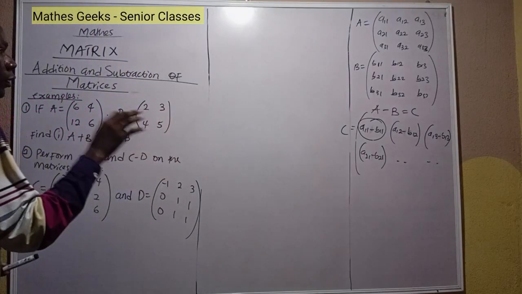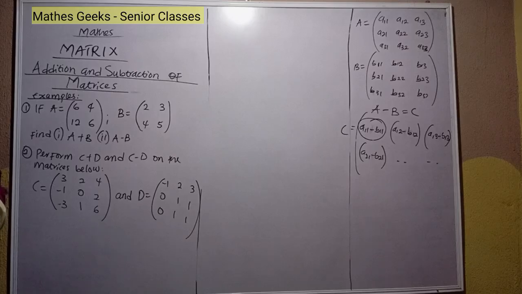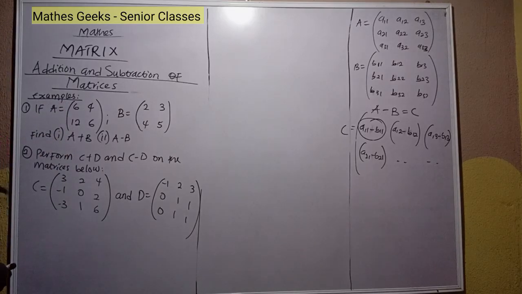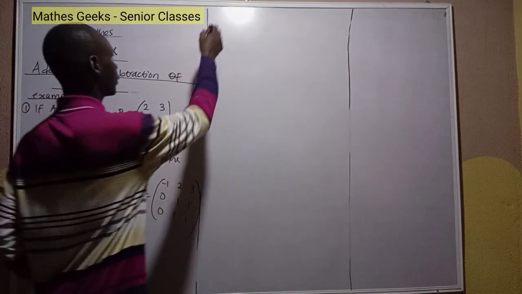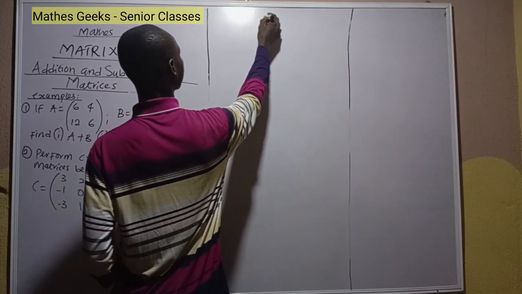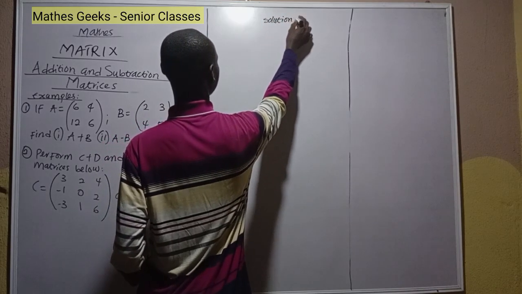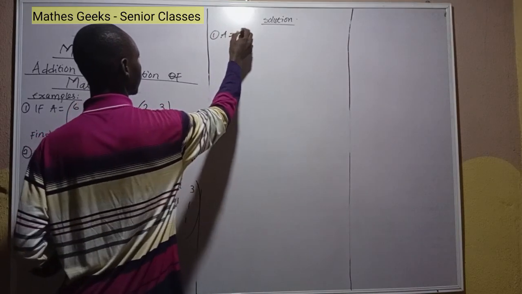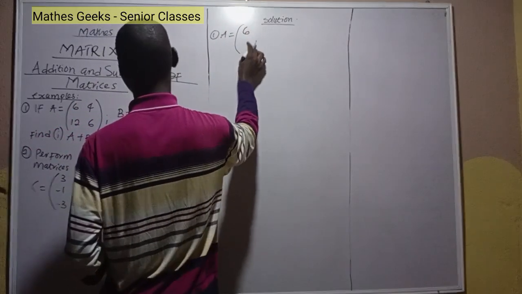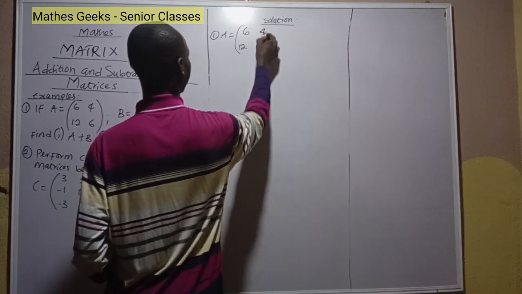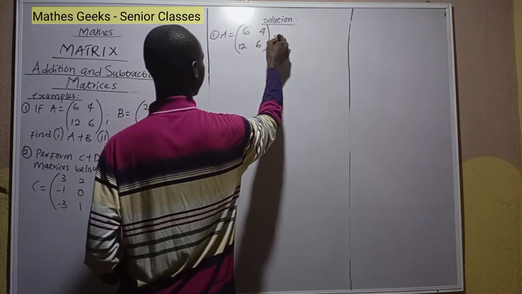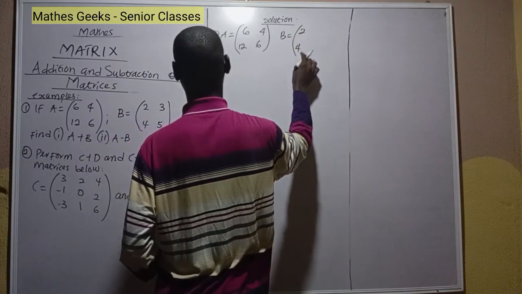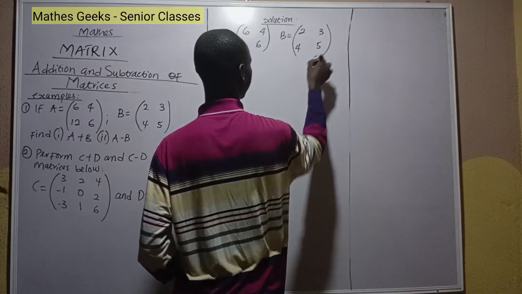Okay, so with that explained, let's now carry out the addition operation on the examples that are given to us. Number 1: find A plus B, where matrix A equals 6, 4, 12, 6 and matrix B equals 2, 3, 4, 5.